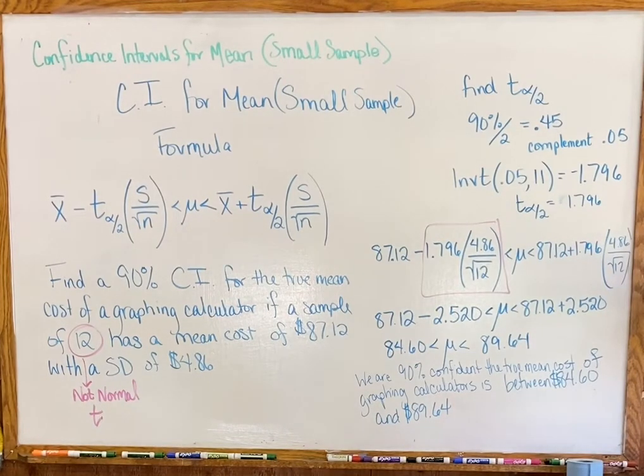Okay, so we are 90% confident that the mean cost of graphing calculators is between $84.60 and $89.64.